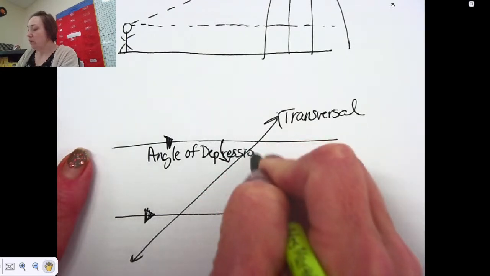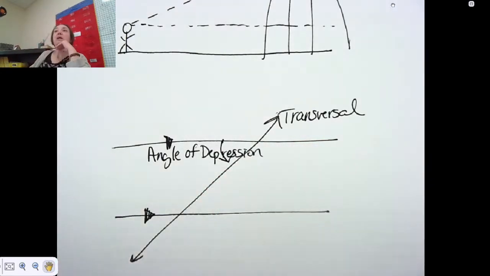Now, where do we use the word depression in real life? Sadness. Why is it called that? Because you're feeling down. The word depression just means down, right? If you depress something, you push it down. That's what depression means.